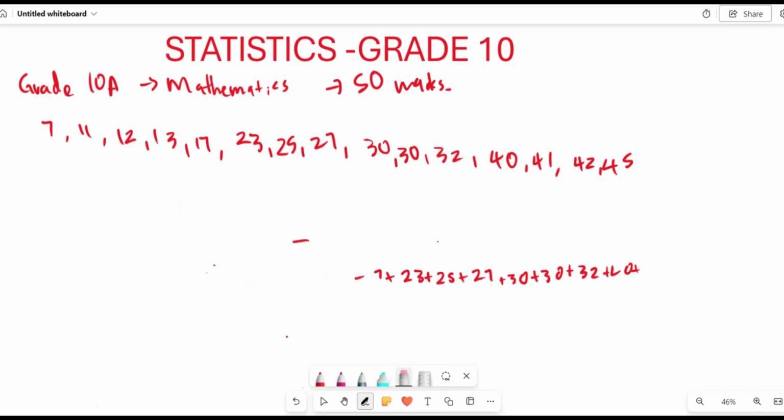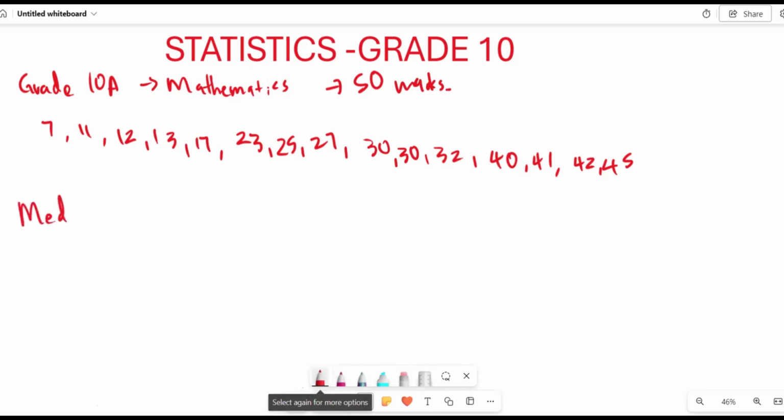The median of the data is basically our middle term. It's going to be the middle term of this particular data.